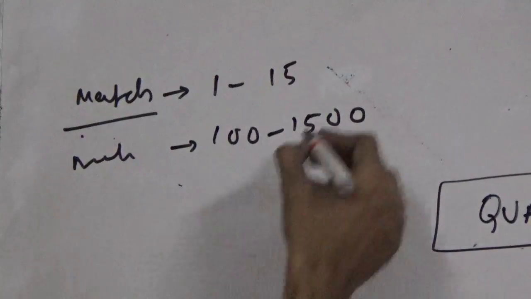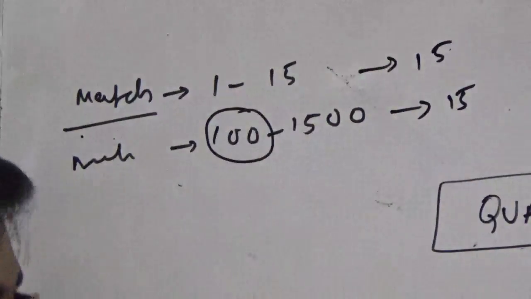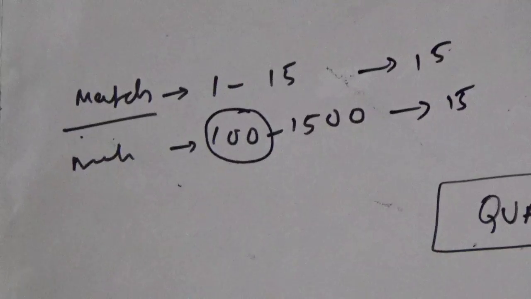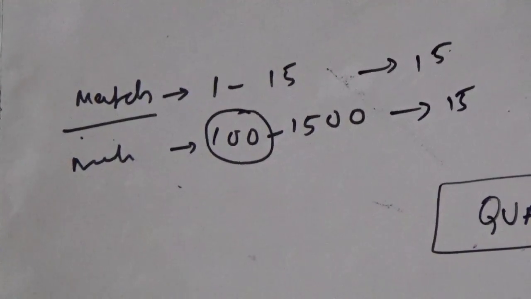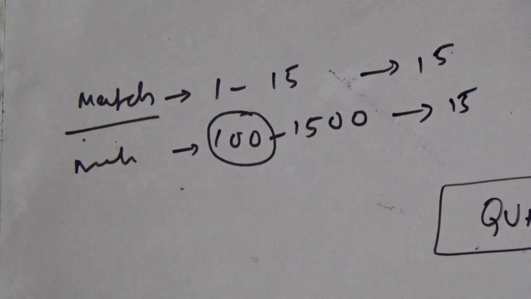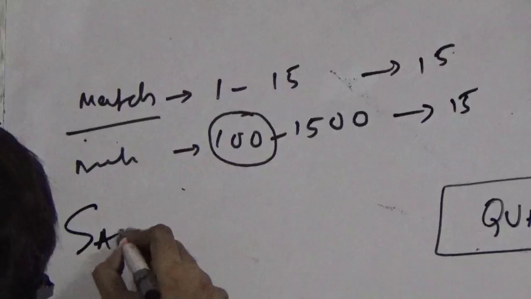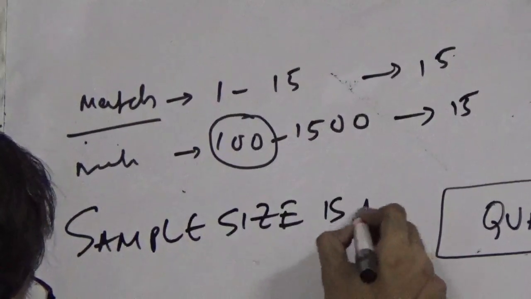But according to this pattern, although their averages are both 15, this one has consistency through 100 matches. This is called the sample size. So if the average is the same, then the one with the higher sample size is better. So sample size is an important indicator.